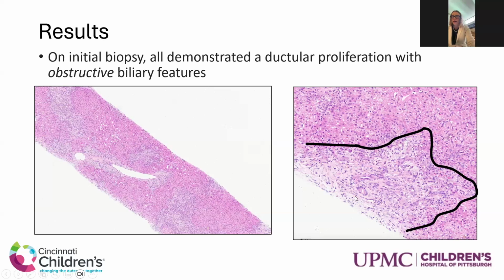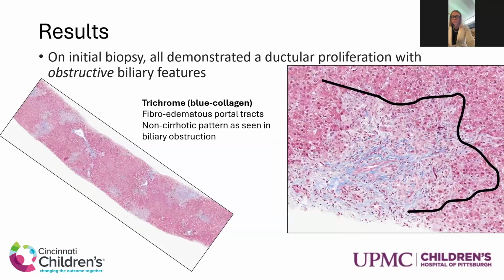So as outlined, the portal areas are expanded by this loose, more fibroedematous expansion with a lot of ductular proliferation. And when you look on trichrome, this is not yet a cirrhotic stage. This is more of what we call fibroedematous changes. It's a lighter blue pattern, expanding at that limiting plate.